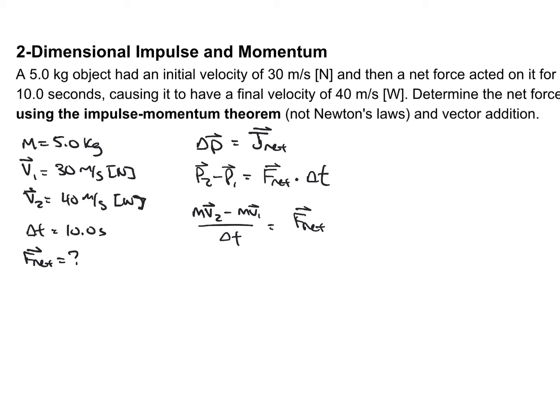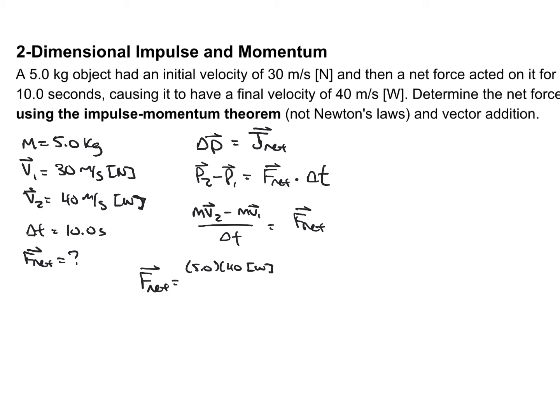Now, what I'll do is calculate each of the two terms first with the directions in it. So the first term is mass 5 kilograms times 40 meters per second west.